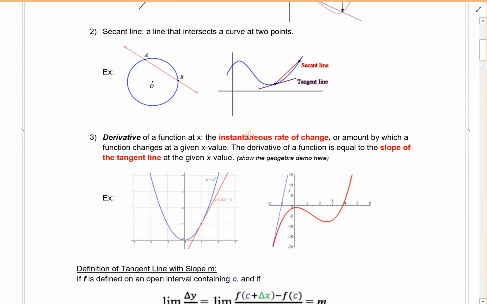Not over a period of time, but at one instant. Again, a rate of change is just how much a function is changing with respect to x. It's how much y goes up or down as x goes right. Now, how do we find that instantaneous rate of change? We find it by finding the slope of the tangent line at that given x value.